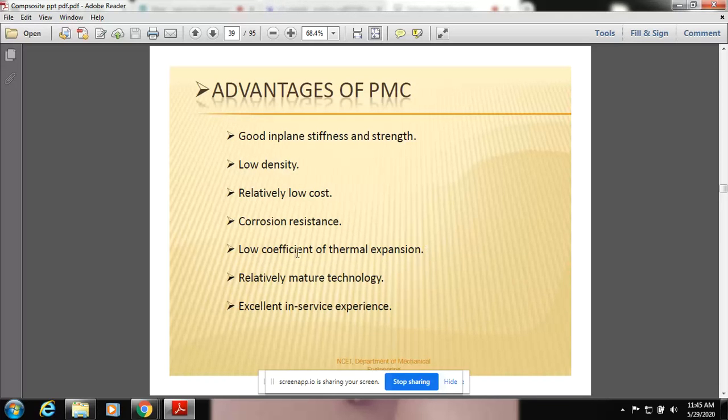That's why a low coefficient of thermal expansion is an advantage. Relatively mature technology, right? Then excellent in-service experience, which is nothing but after manufacturing, after usage, it's going to be more efficient. In service is nothing but at service application.